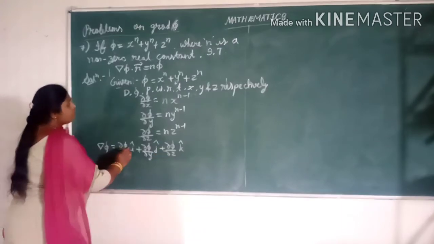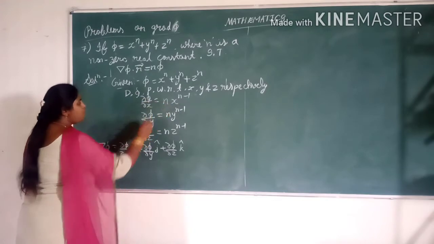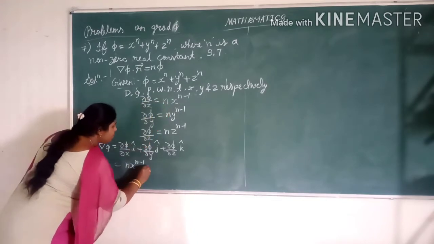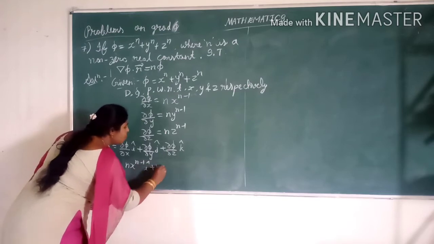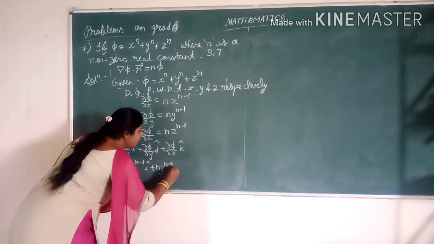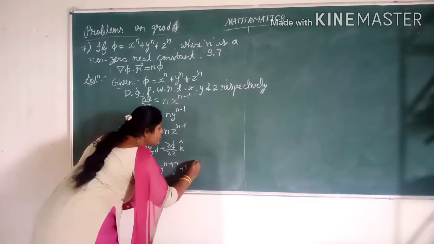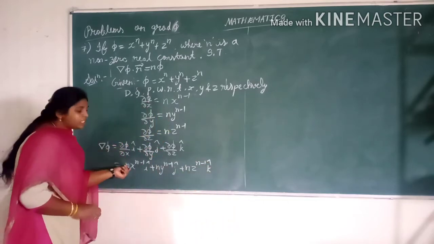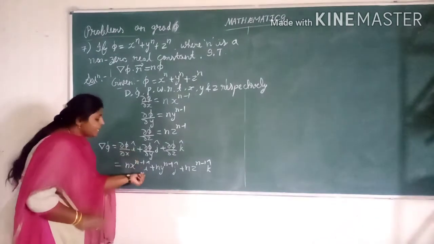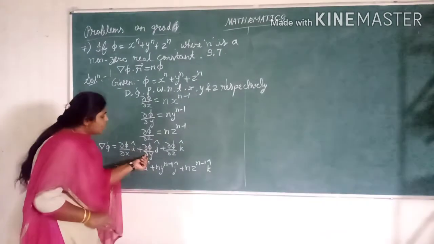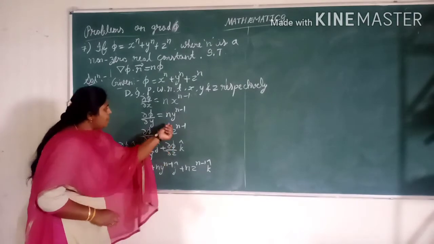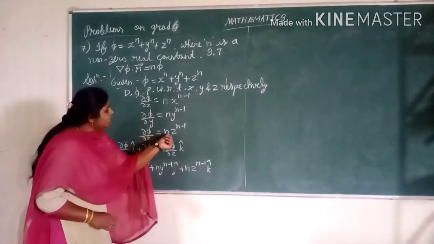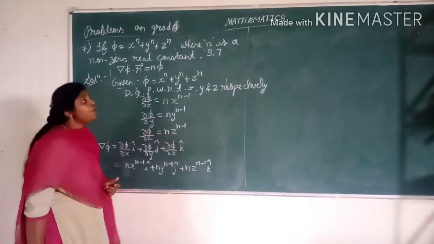Then substitute the values. ∂φ/∂x is n into x to the power of n minus 1 into i cap, plus ∂φ/∂y is n into y to the power of n minus 1 into j cap, plus ∂φ/∂z is n into z to the power of n minus 1 into k cap.